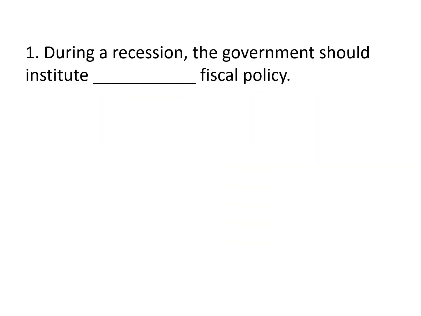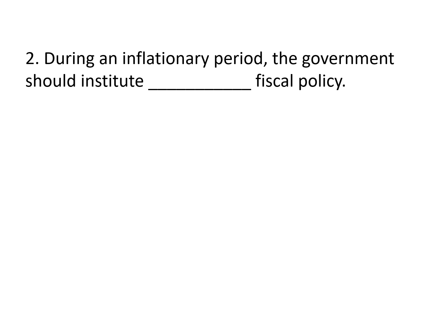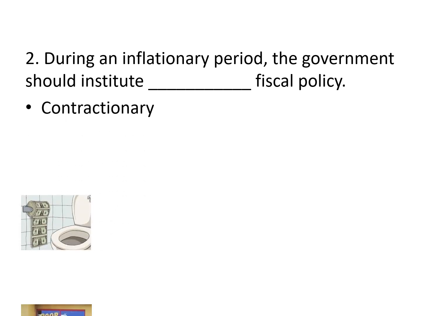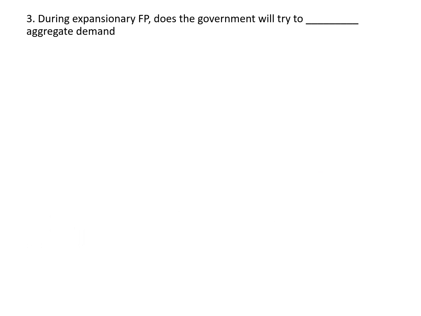So during a recession, the government should institute expansionary fiscal policy. During an inflationary period, things are going too fast, too much money in the economy, contractionary policy. And I believe that is it. Oh, a few more. My fault.